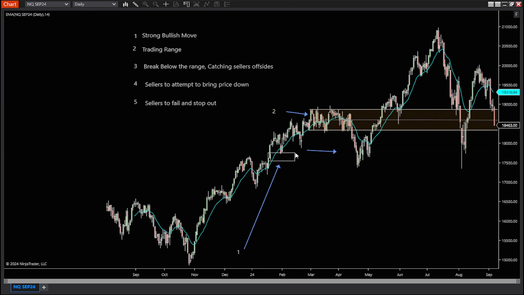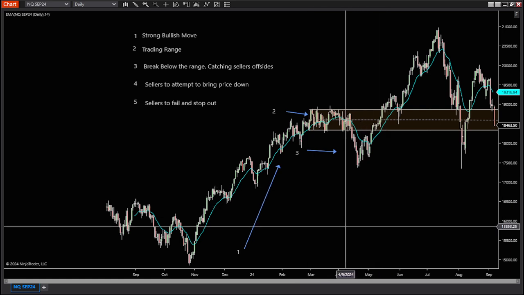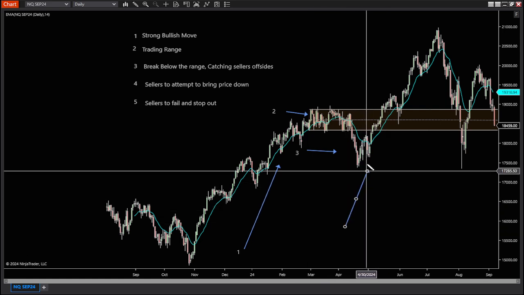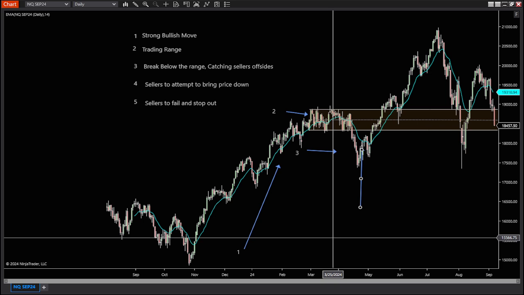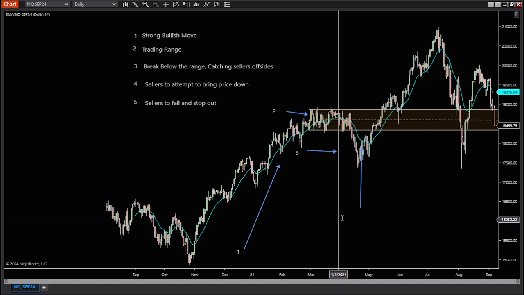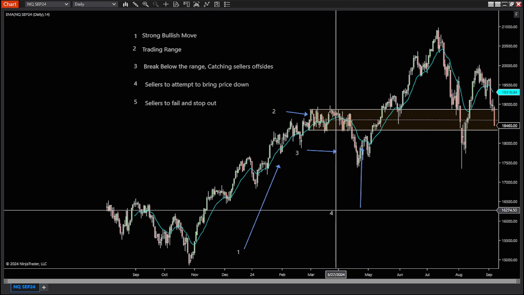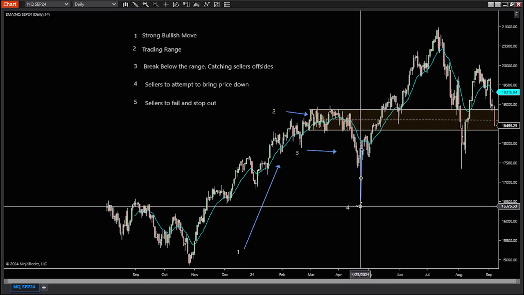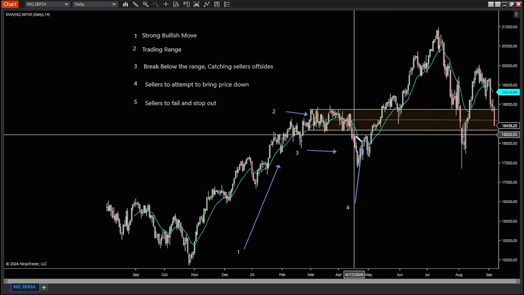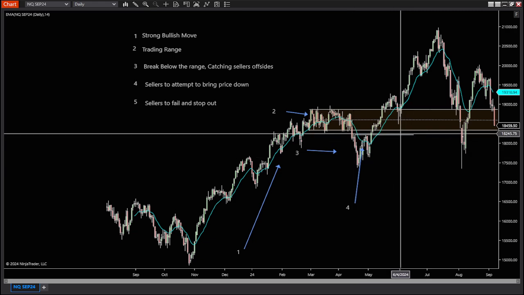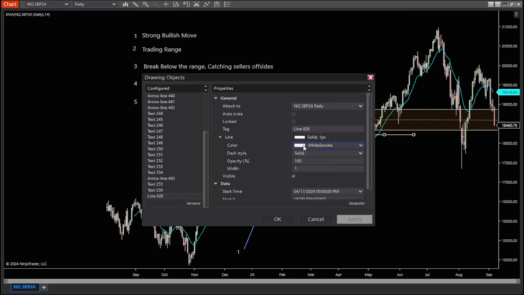This is our 3. This is our 4. And then we'll make this pink to make it a little bit easier to see.